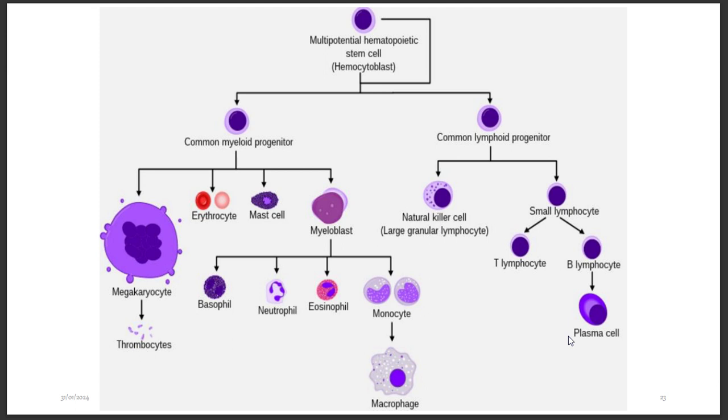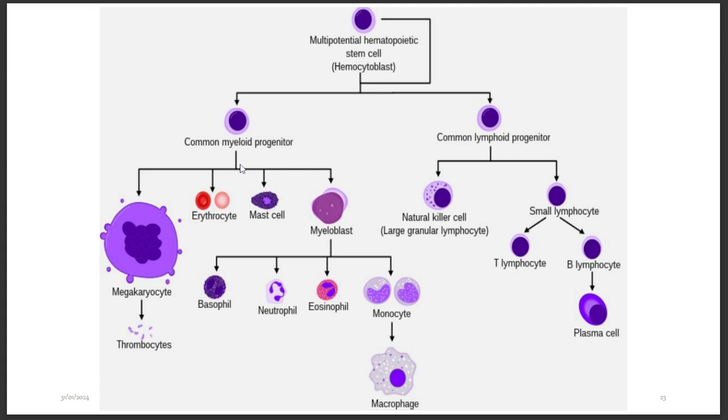These plasma cells will produce antibodies, and later on some will remain as memory cells. They will have memory, so that next time you are sick of the same disease, they are able to produce antibodies. So B cells give you plasma cells and memory cells.